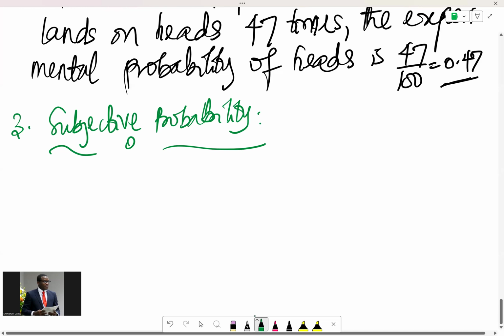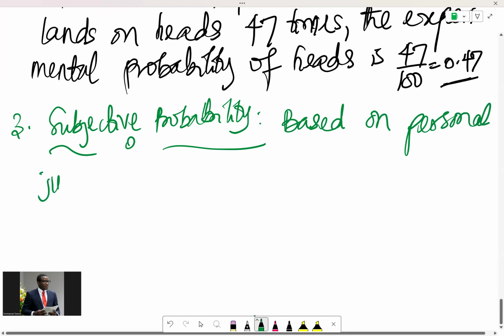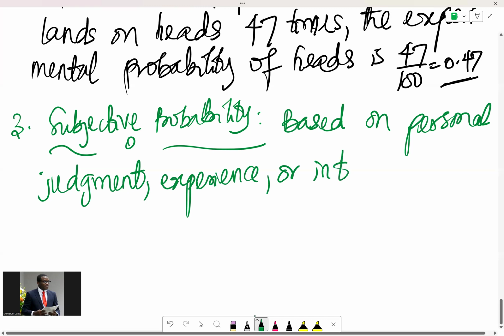But the idea of subjective probability is that it is based on personal judgment, and of course that is most times flawed. So subjective probability is based on personal judgment or personal experience or intuition.